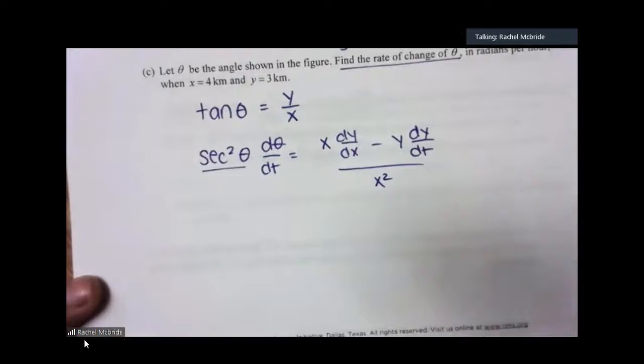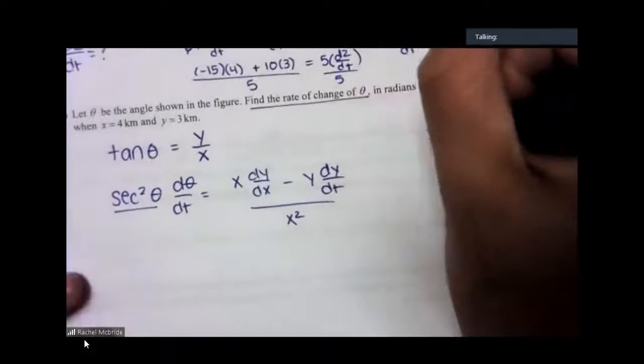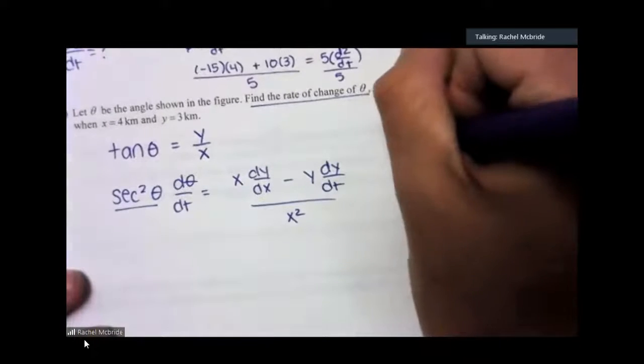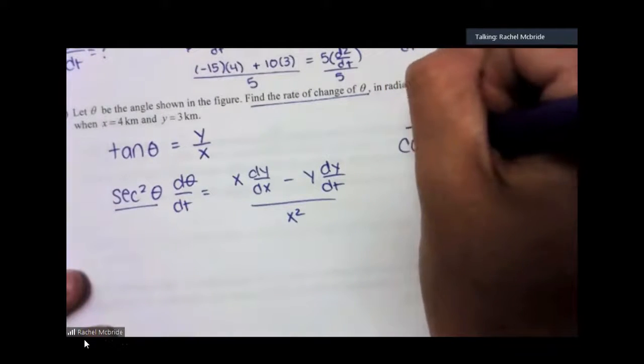Secant squared is really just which other trig function flipped? Good, so that's like 1 over cosine squared theta.